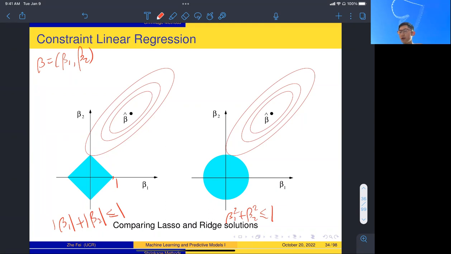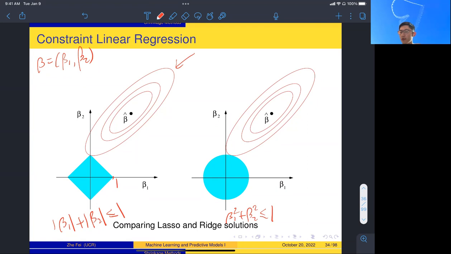And then these red contour lines are essentially the loss function. The same contour line means we take beta values with the same loss.